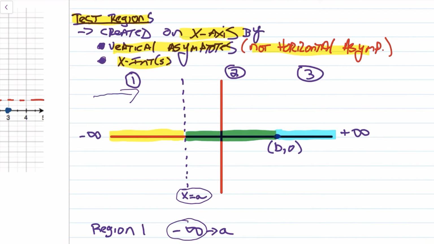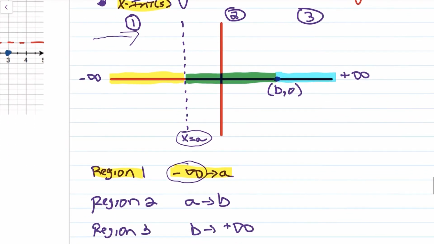So as you can see down at the bottom here, I have region 1, and that region will be from negative infinity to this value a. So we went from negative infinity to the asymptote, and that created the first test region.